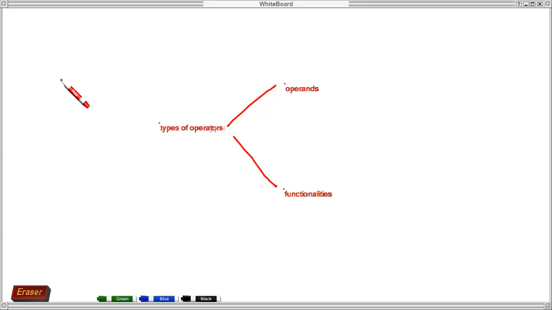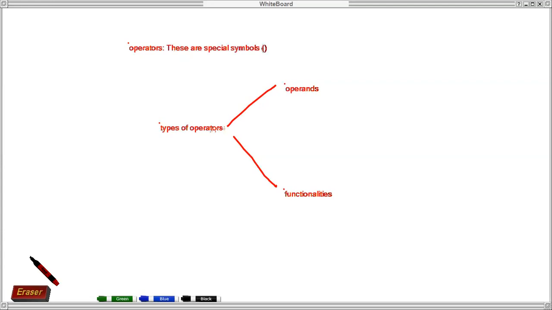But first of all, we have to understand what an operator is. To define operators, it's very simple: these are special symbols.